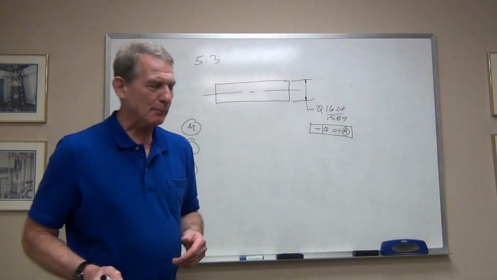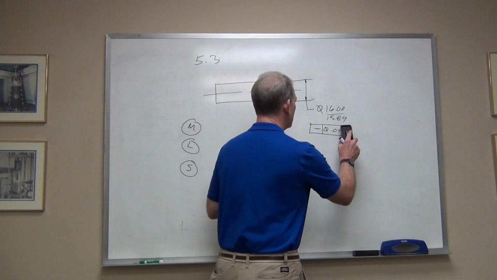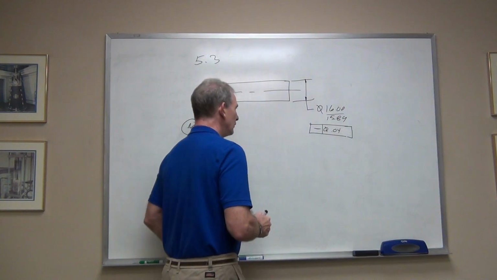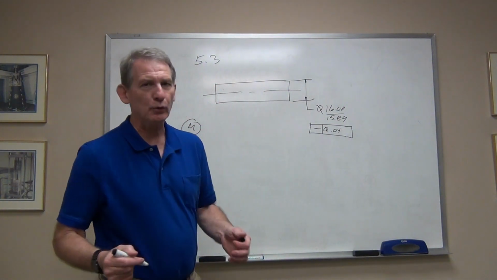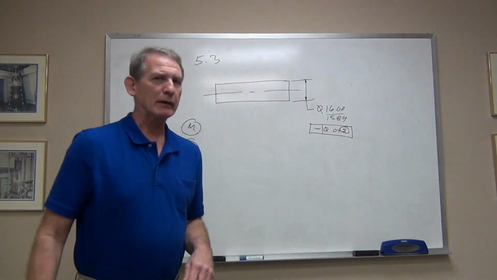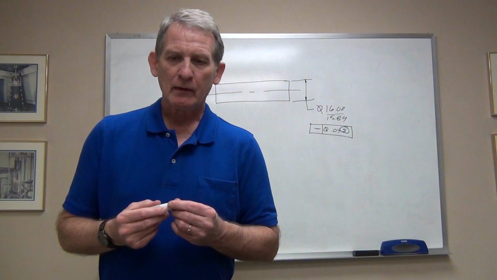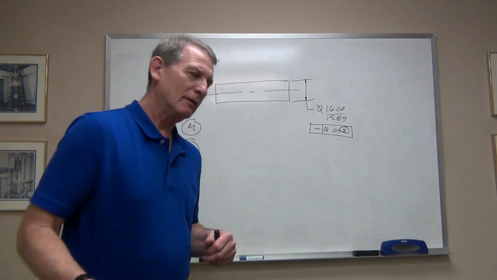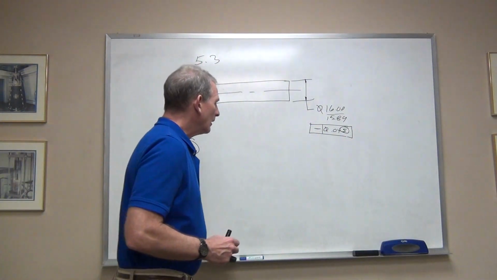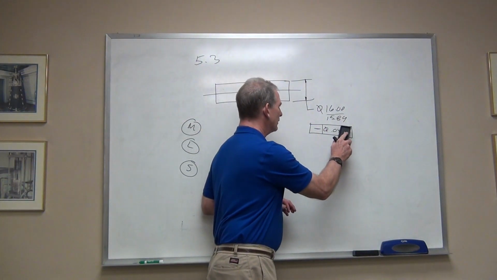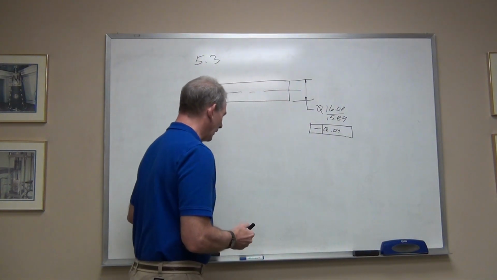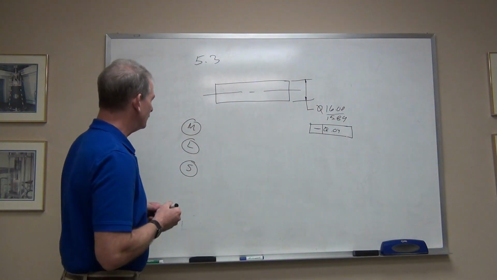And in the previous examples where we had no material condition modifier, in the old days you would actually see this. The regardless of feature size symbol would actually be there. This, again, because of the way they interpreted it, it was a source of confusion and really unnecessary, because if there is no symbol there, you can assume that it is regardless of feature size.